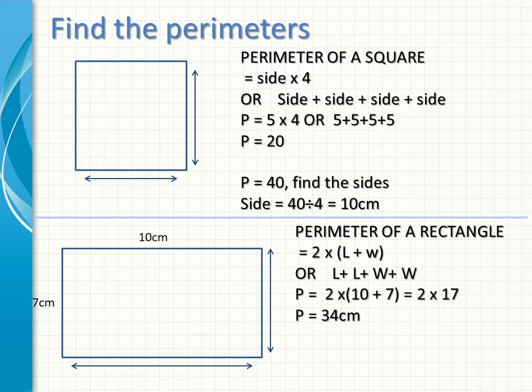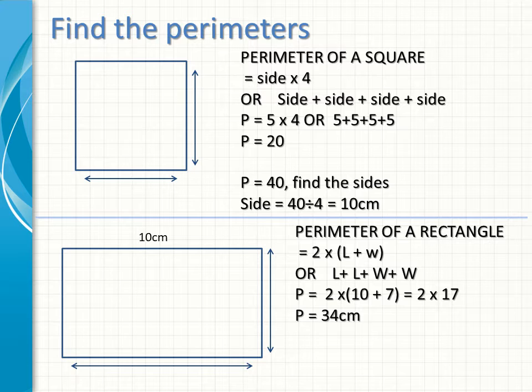But just like we found the side of the square, let's also do the same thing here. What if we were given only the perimeter and only one side? We're given only 10 centimeter, that's the length. How are we going to find the missing side?